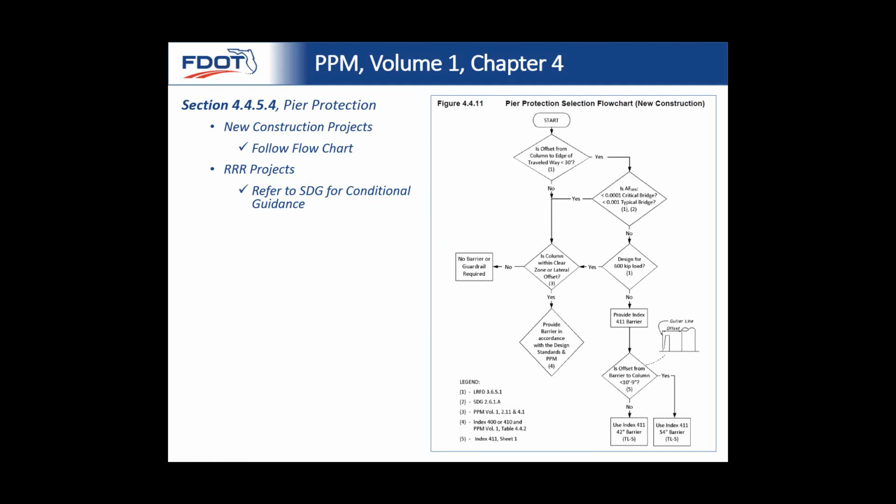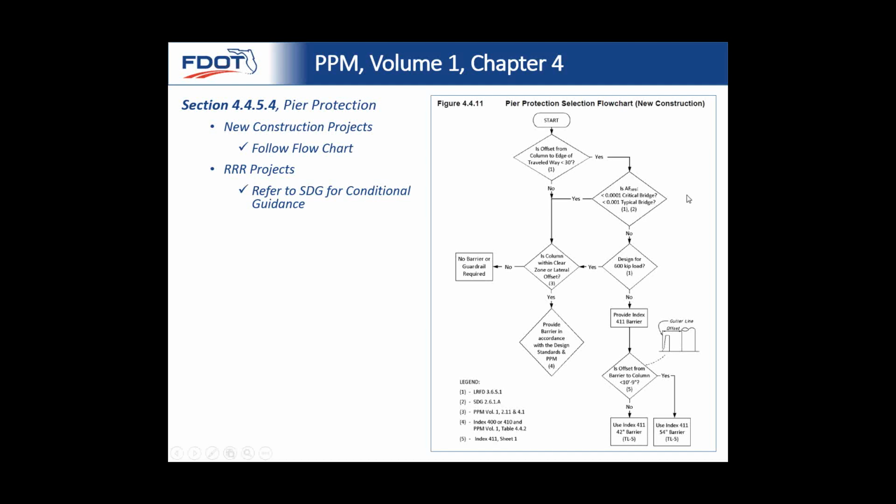We decided to add it into the PPM this time, and essentially it's providing a flow chart that complements the information in the structure design guide and helps the designer determine whether or not pier protection is required, which is the taller, more robust concrete barriers that we use when a bridge structure's columns or piers aren't designed to meet the current LRFD impact loading.